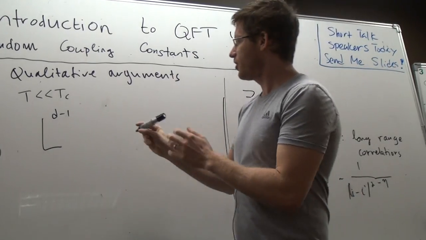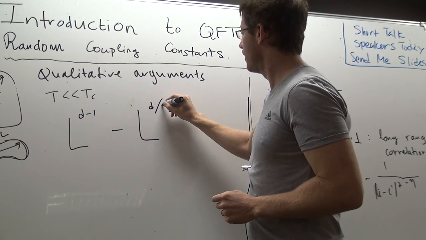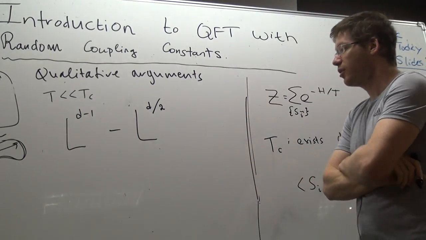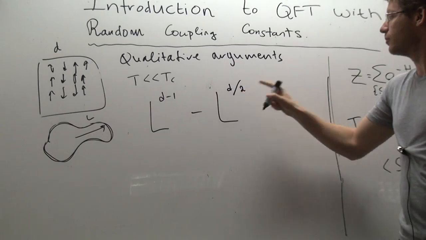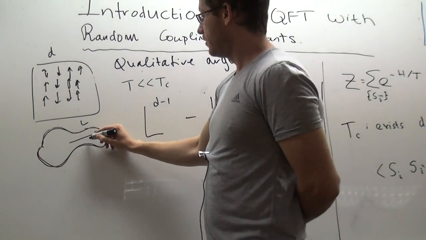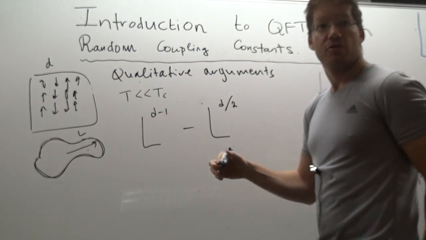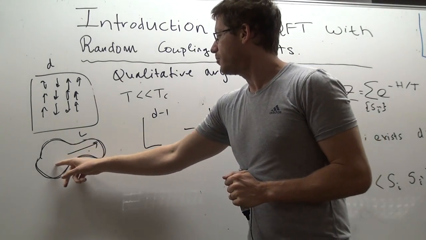So the idea, let me just write the answer and explain why it's true. Once you have a random magnetic field, there is a new term in the energy balance, which goes like L to the power d over 2. Where is that coming from? There is a random magnetic field at every point, and you just sum them, and now this is a problem of random walk.